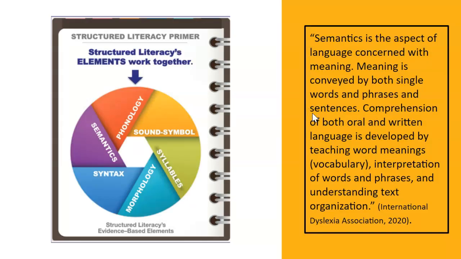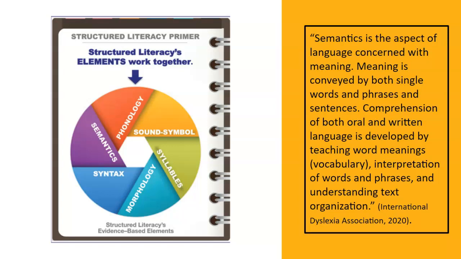In connecting this model to structured literacy, the IDA has defined semantics as the aspect of language concerned with meaning. Meaning is conveyed both by single words and by phrases and sentences. Comprehension of both oral and written language is developed by teaching word meanings, vocabulary, interpretation of phrases and sentences, and understanding the text organization.